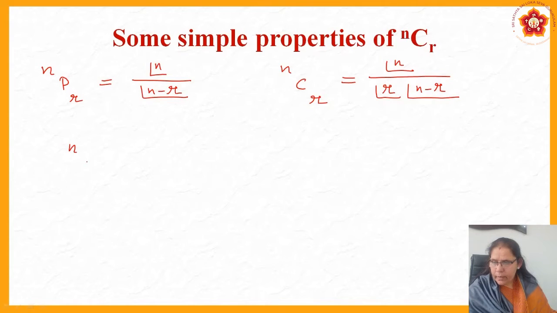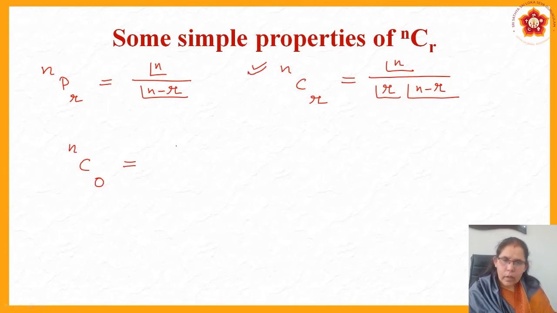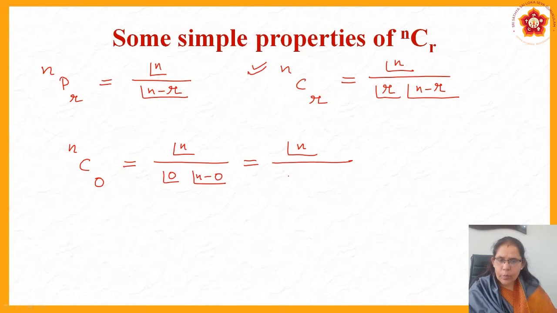Taking it forward, let us see what is the value of NC0. I'll use this formula. So it is factorial n upon factorial 0 into factorial n minus 0. Let us solve it.